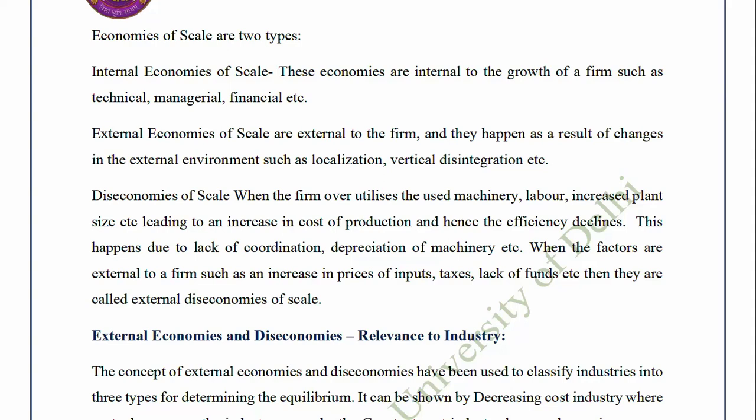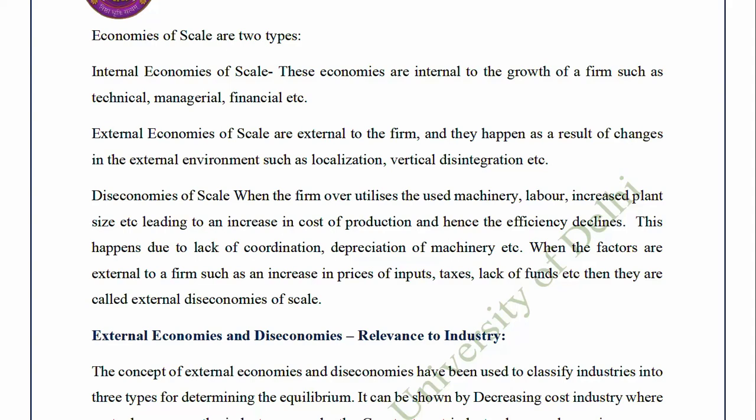These economies are internal to the growth of a firm, such as technical, managerial, financial, etc. External economies of scale are external to the firm, and they happen as a result of changes in the external environment, such as localization, vertical disintegration, etc.